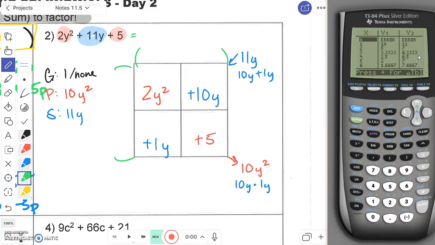Okay, so if we look back at those, we've got that first column that I'm looking at. I've got 2y squared and 1y. So I'm looking again for that greatest common factor between those two. That would be just a y. Y is the only thing that they have in common. So I would have a y for both of those, which means I'm going to pull that y out up into the parentheses.